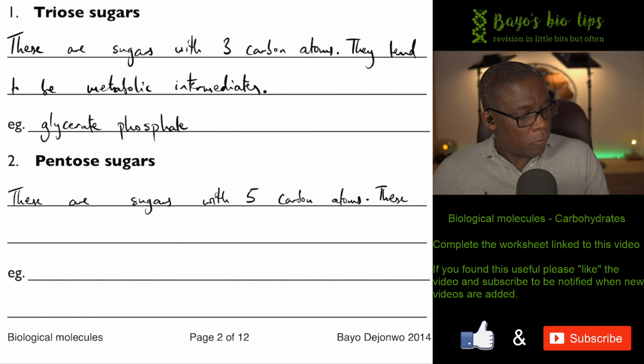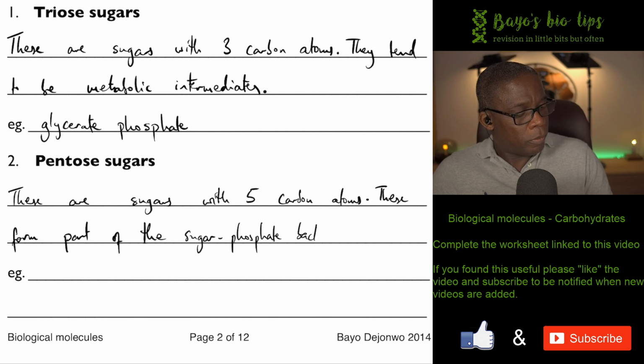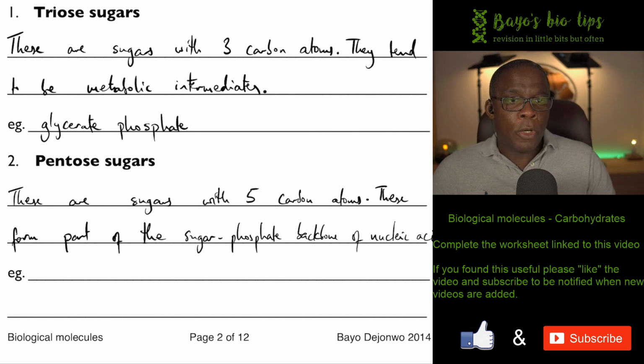These form part of the sugar phosphate backbone of nucleic acids. Don't worry about what that means for now. When we get onto nucleic acids, you'll see what I mean.